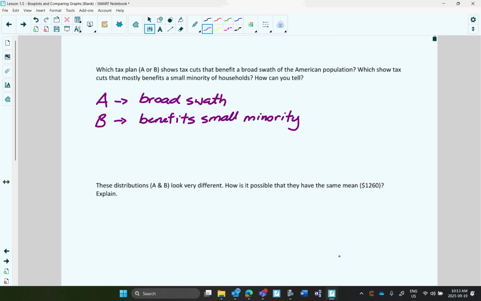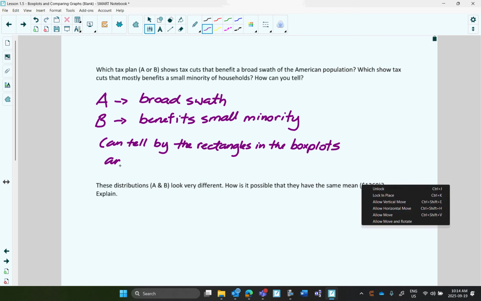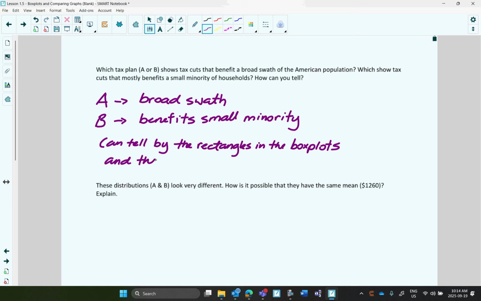And you can tell by the rectangles in the box plots and the outliers in B. Those in combination make it pretty clear.